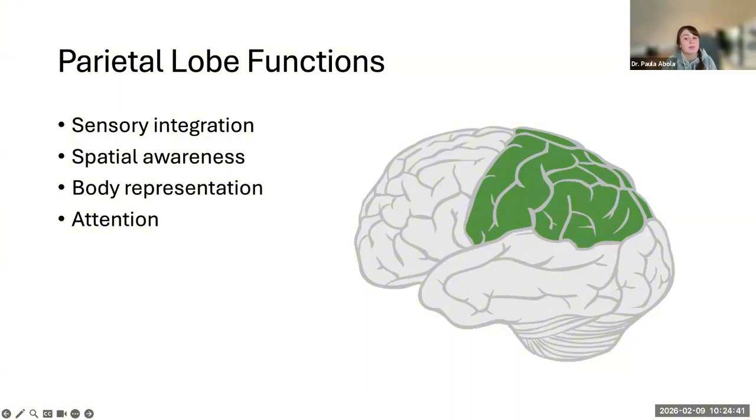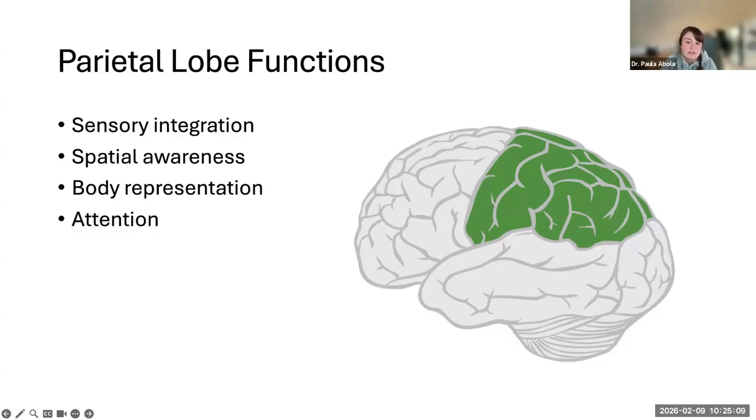So this is not a problem of vision itself, but of attention and spatial representation. And parietal lobe lesions can also lead to difficulties integrating sensory information, resulting in problems such as impaired body awareness, difficulty recognizing objects by touch, or challenges coordinating perception and action.